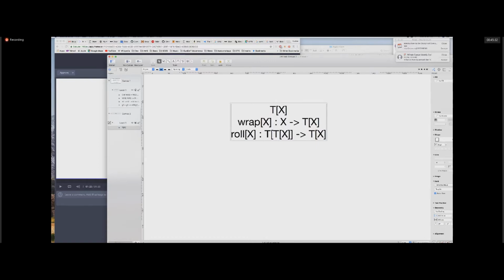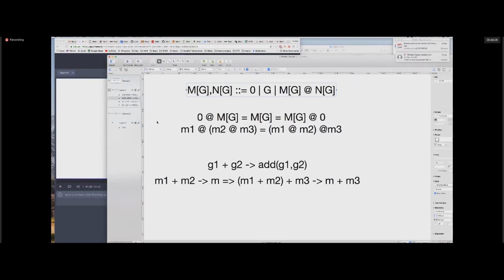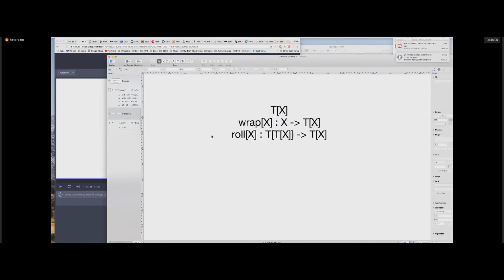So that's our basic monad, and there are some coherence laws about how wrap and roll have to interact with each other. I heartily recommend that you go and look at the literature on monads, where this is typically called the unit, and this is typically called the mult. The reason they're given those names is because there's a strong relationship between our monoids and our monads.